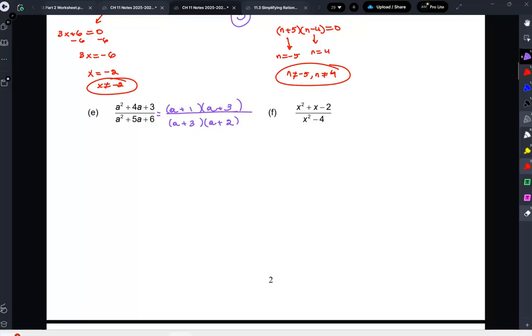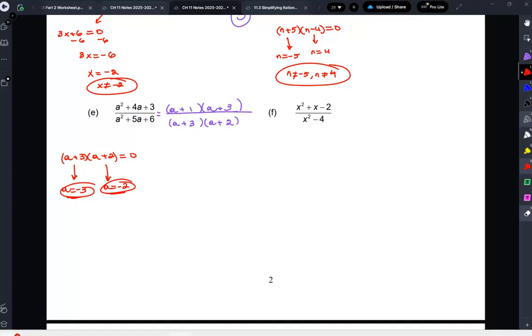Now, we factored. Before you cancel, let's do the excluded values. So for the denominator, a plus 3, a plus 2 equal to 0. A is negative 3, negative 2. These are the excluded quantities. Does it matter which order we do it?